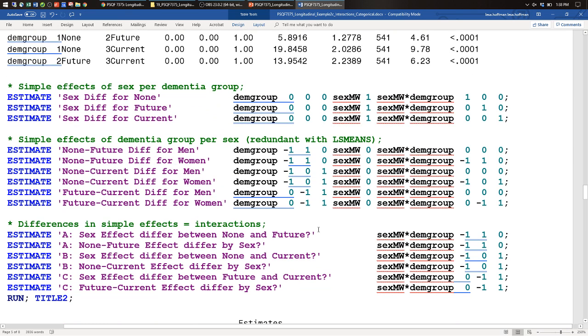Here's how I would get all of the simple effects if I didn't have group difference equals all. Difference equals all takes care of all of the middle ones. I have to ask for the ones for gender, and then the interaction contrasts are down here. The interaction contrasts are the ones that they don't give you, and that's what you would want.